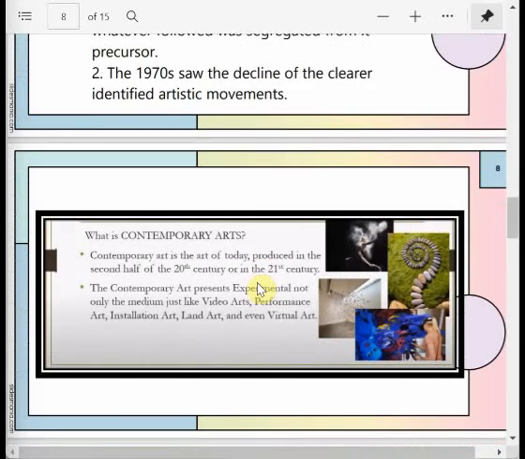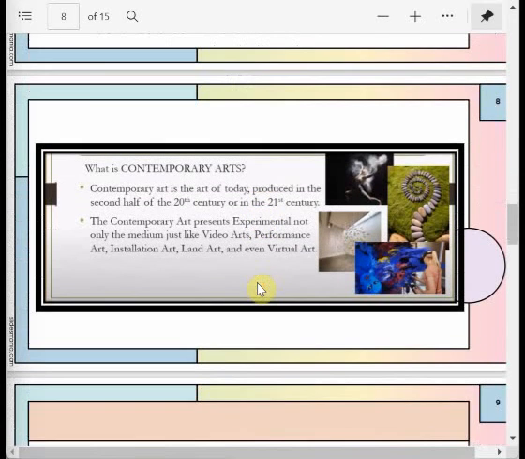During contemporary art, happened the birth of new mediums. So, may mga panibagong mediums na lumabas like performance art, video art, land art, installation art, and even virtual art. But most importantly, contemporary art focused more on the social issues rather than making new aesthetics or art that is solely for pleasuring the eyes of its audiences.